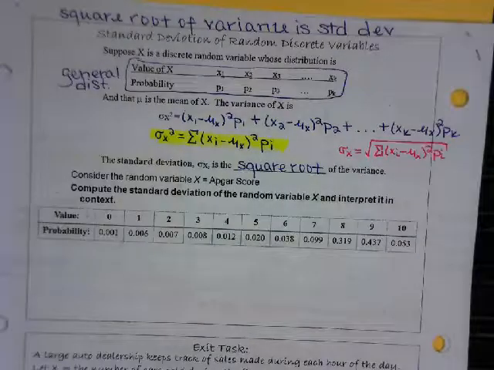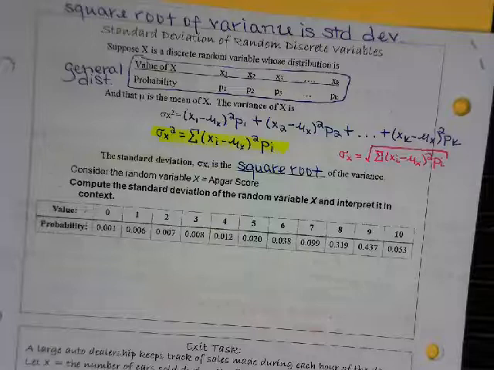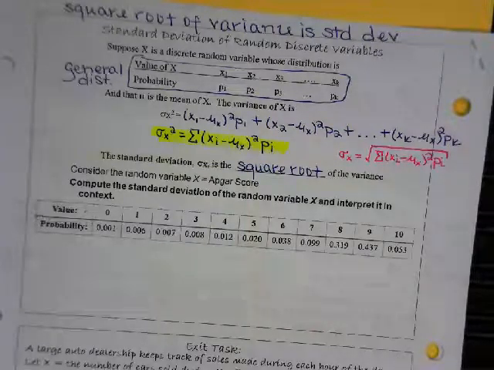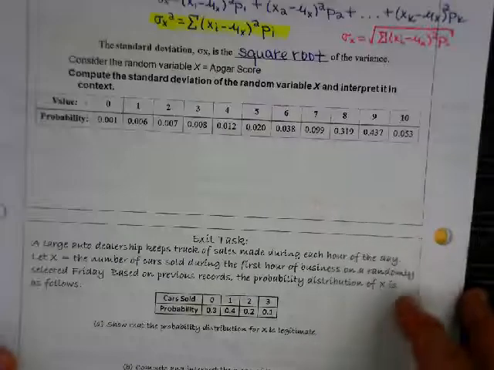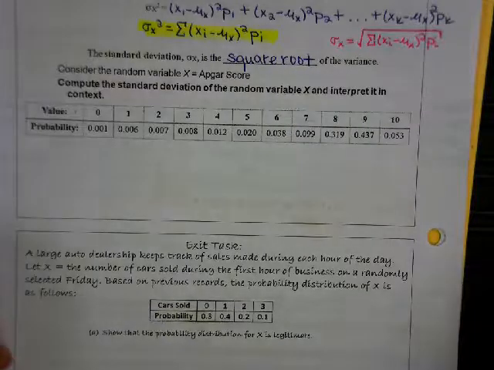So if we were to find the standard deviation of the APGAR scores, we would do something like sigma sub x is equal to the square root, and it's going to be a lot of things added together, so I made my square root really long.